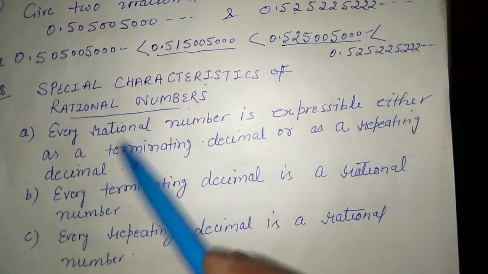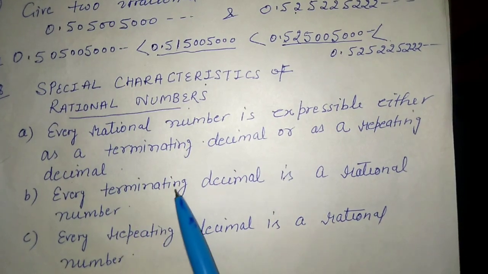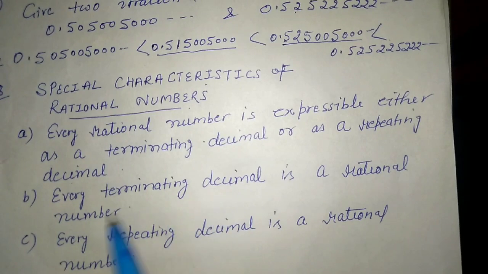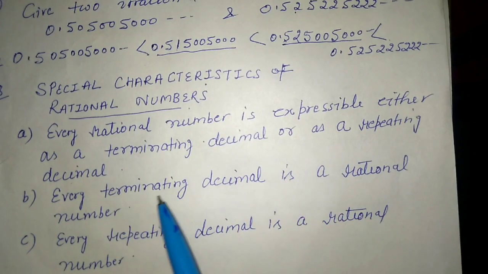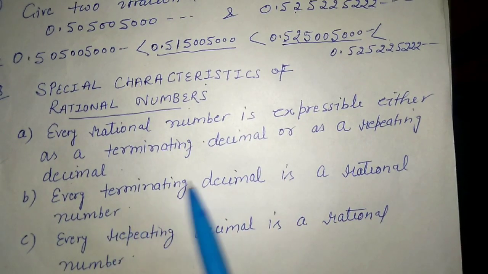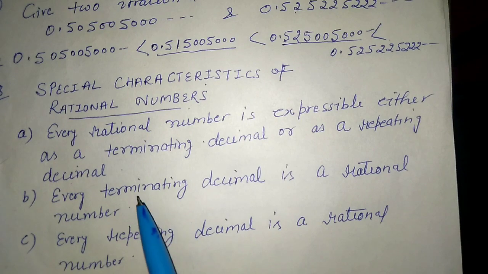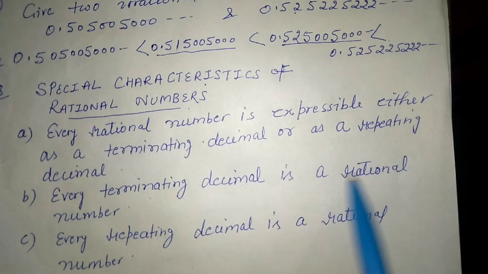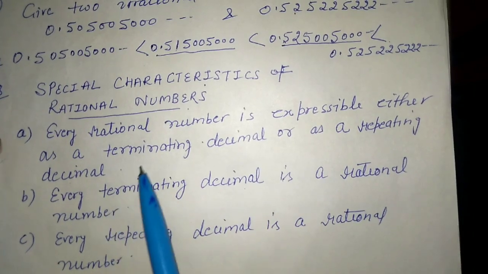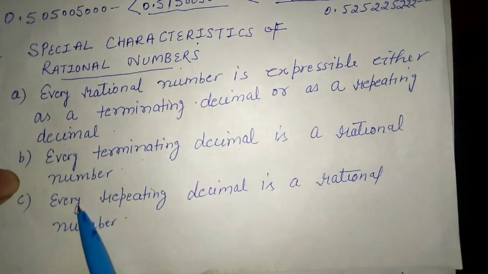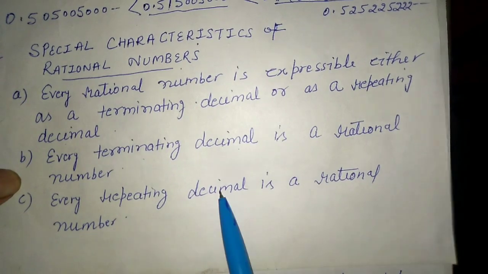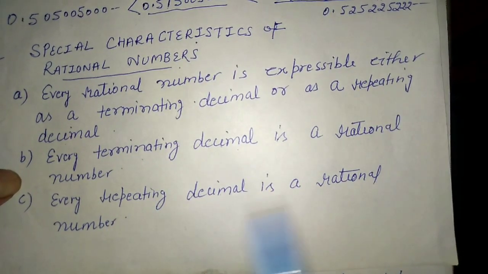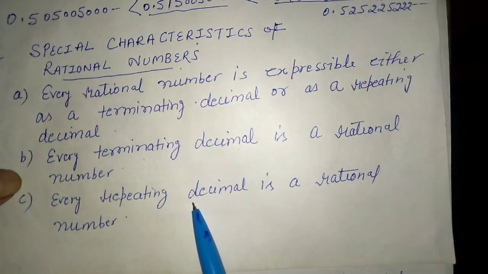Similarly, suppose many numbers are given to you and you have to classify whether the given number is rational or irrational. First of all, we check whether the number is terminating. Every terminating decimal number is a rational number. Again, we also check whether it is a non-terminating but repeating decimal, which is a rational number. So these are the three properties.